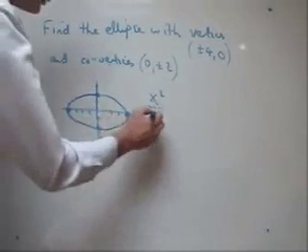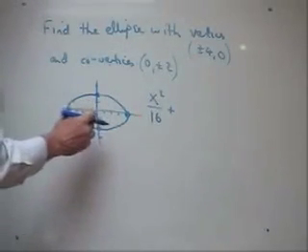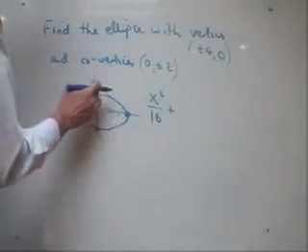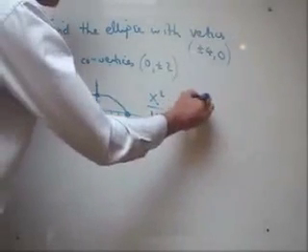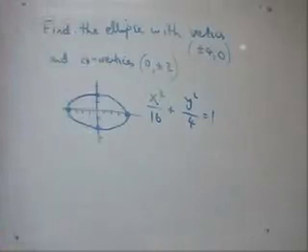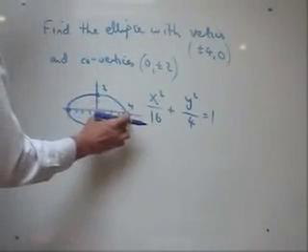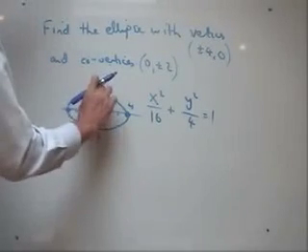So that's 4, so it's over 16, plus y squared over the y-intercept squared. The y-intercept is 2, so square it, 4. And there's your answer: x squared over 16 plus y squared over 4.